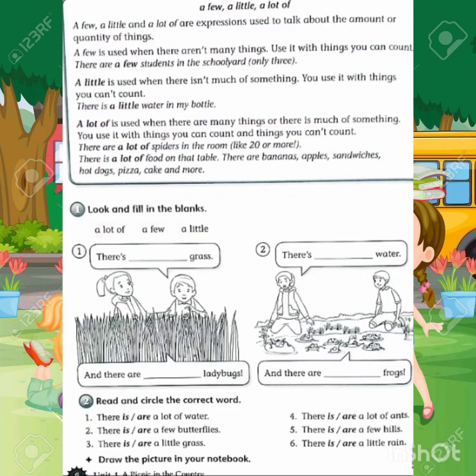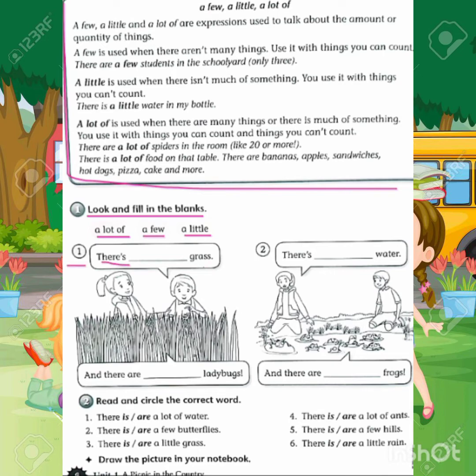Number 1. Here you are going to look and fill in the blanks. You are going to fill in the blanks with one of these quantifiers, okay? If you have any doubt, you can read the explanation again, okay? Let's read the first sentence.